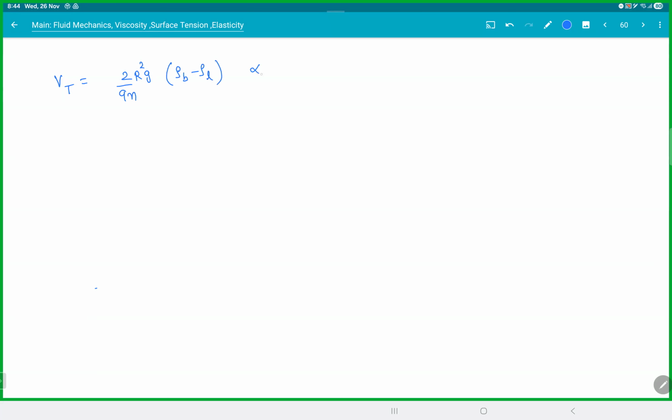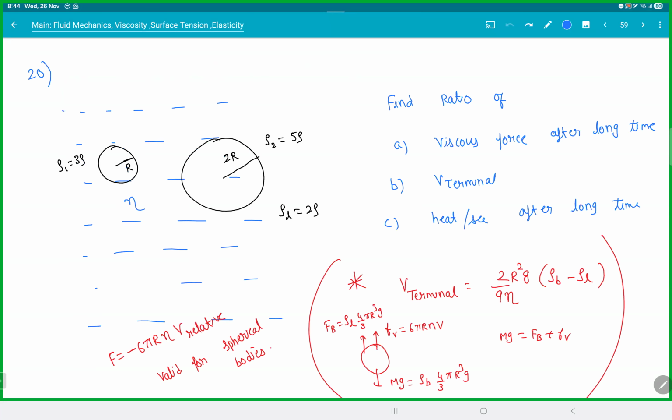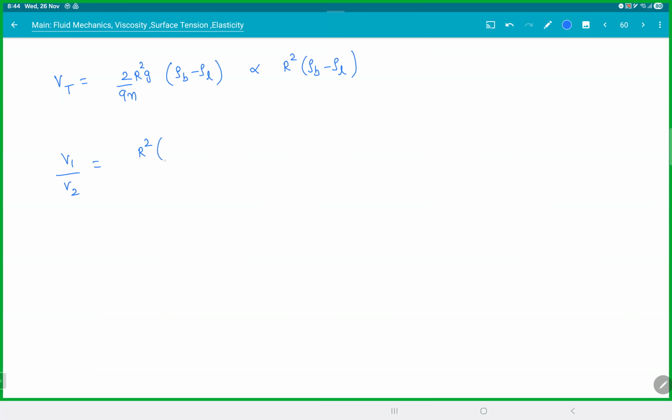So this is proportional to R square into (rho body minus rho liquid). So you have to be careful. If the densities are not same, it's not proportional to R square. It depends on the density also. So V1 by V2 will be R square by 4R square, and what are the densities? 3 rho and 2 rho, over 5 rho minus 2 rho. That would be 1 by 4 and that would be 1 by 3, so 1 by 12.